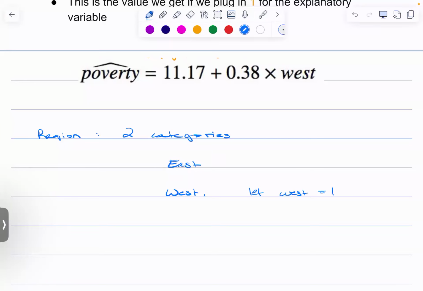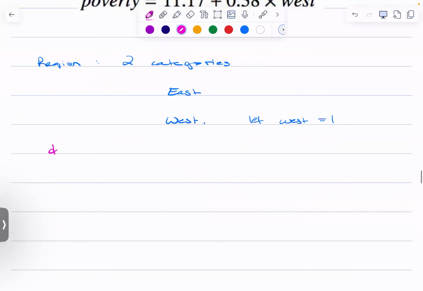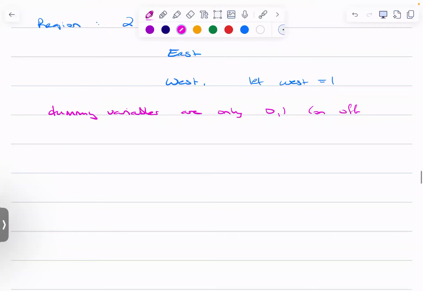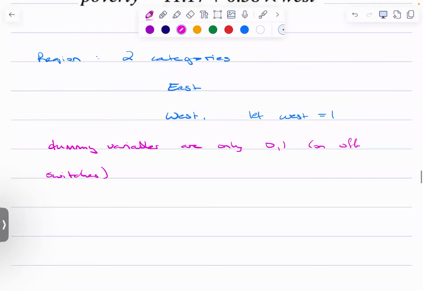We have these kind of dummy variables. Dummy variables are only 0-1, kind of on-off switches. So if West is on, then East must be off. It can only be one of these two categories. It can't be both.